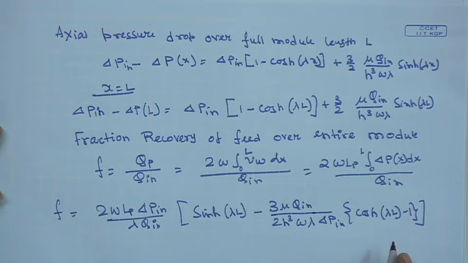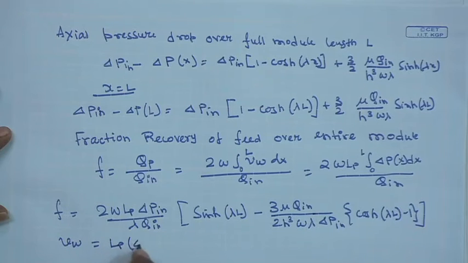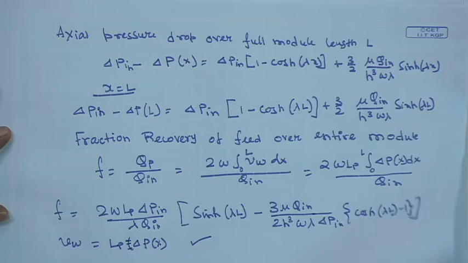So, we can also calculate the profile of permeate flux, because V w is equal to L p delta p as a function of x. So, we can put the expression of delta p x and get the permeate flux as a function of x.